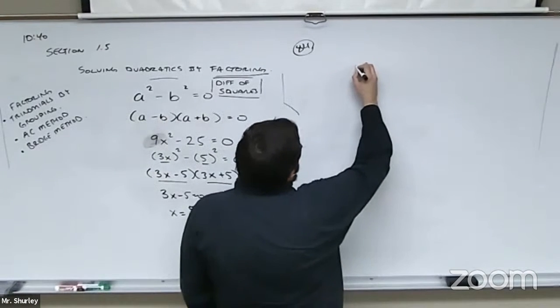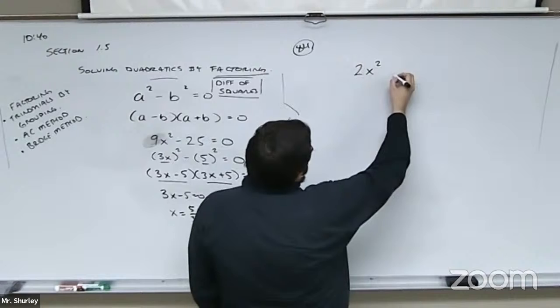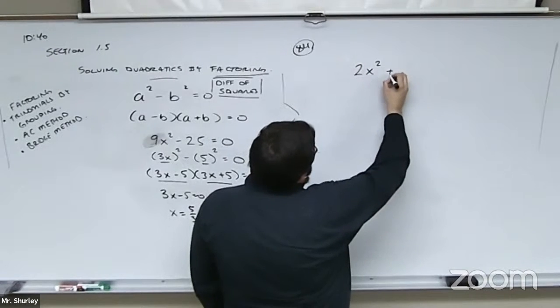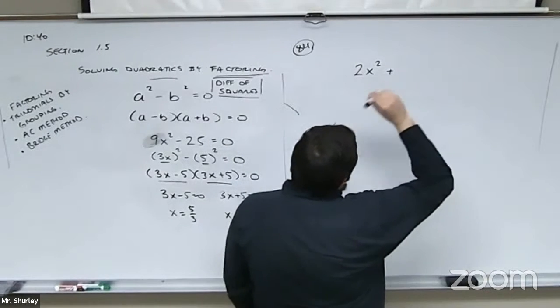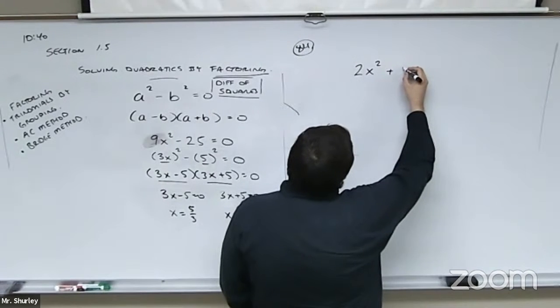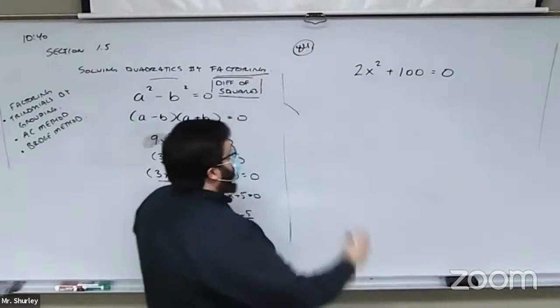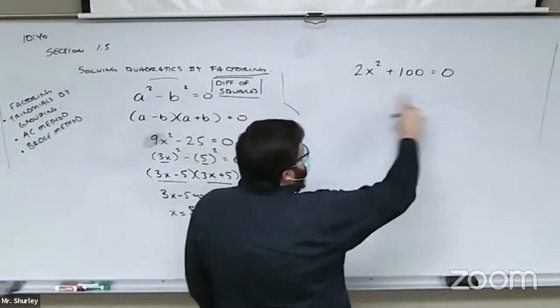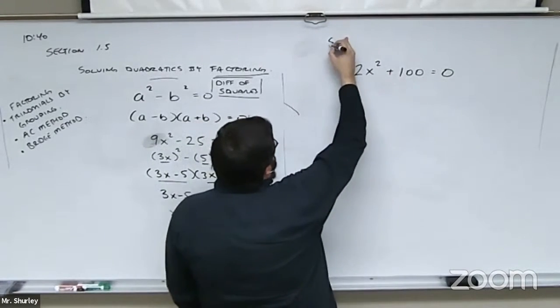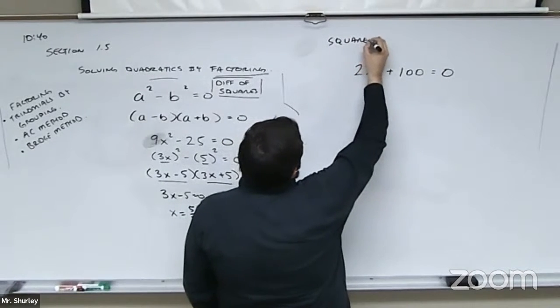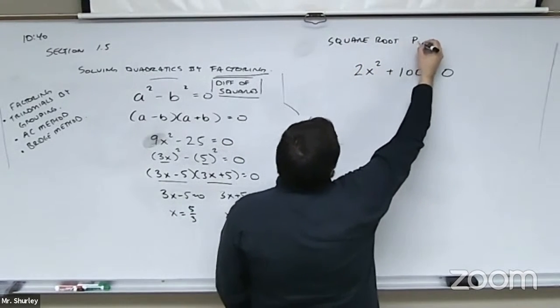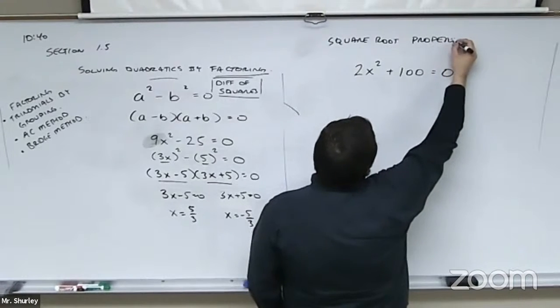If we had 2x squared plus, let's say, 100 equals 0. Now this is called, I'm going to solve this using the square root property, or the square root method.